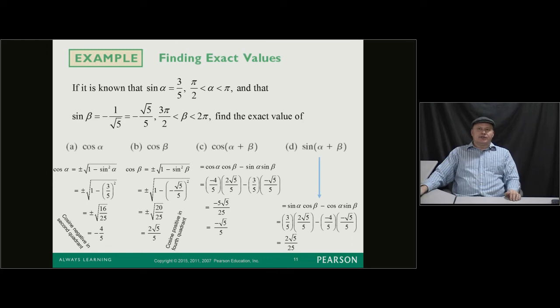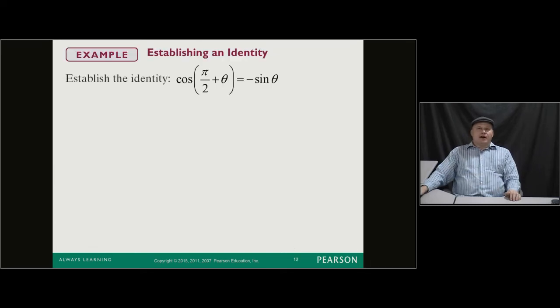So that's the sine of alpha plus beta. So it's very similar. You just have to write the formula down and then put the individual ones in, and I had all four of them. So now you know why I did part A and part B, even though we had done this under a previous discussion. All right?